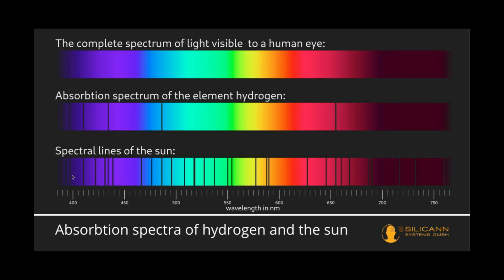And by accounting which lines are there for the sun or any other given object, we can determine what things are made up of. Now, this is important because a good question is, how do we know what things are made up of? Well, spectral lines.